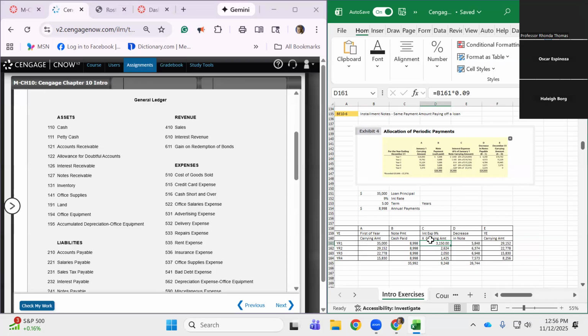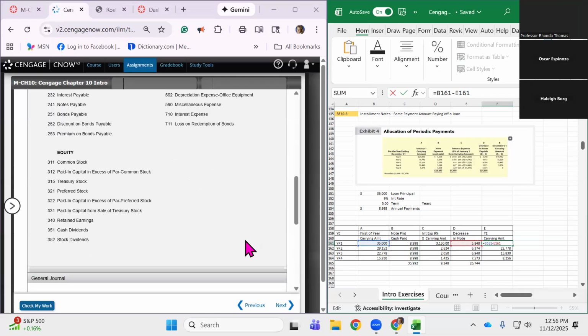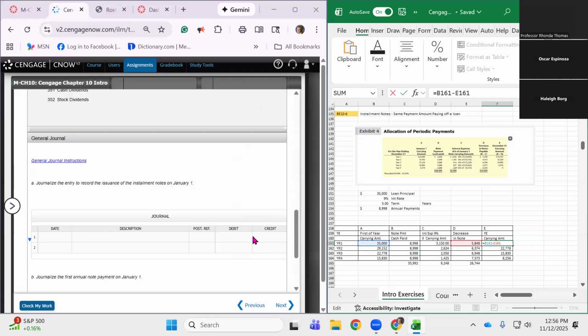We have to figure the interest on what the loan still has left. This is called the carrying amount. The loan was decreased, so the carrying amount of this loan is 35,000 minus $5,848.